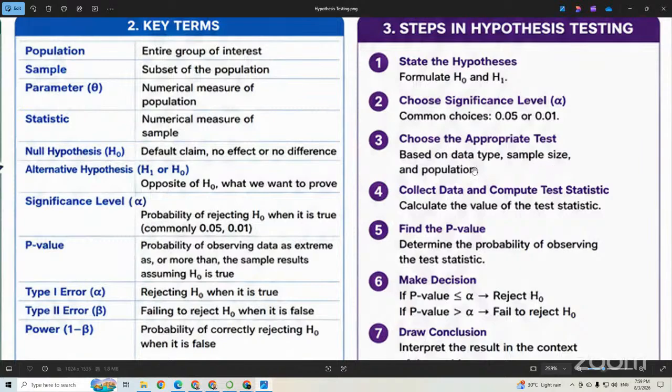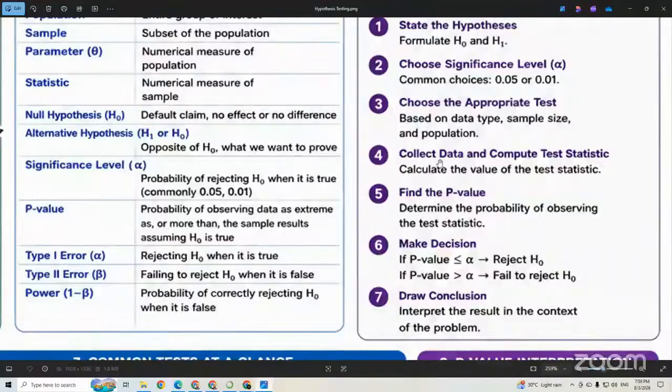This is the fourth step: collect the data and compute the test statistic, where you apply the test. Actually, when you choose the test, there are some conditions, some depending upon the size of the data set. According to that you will choose the test.